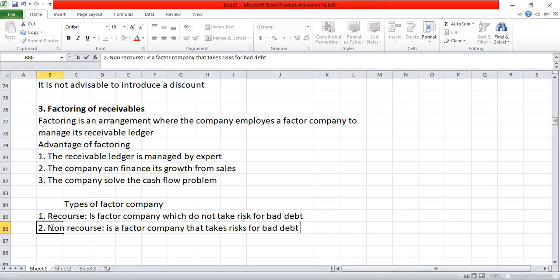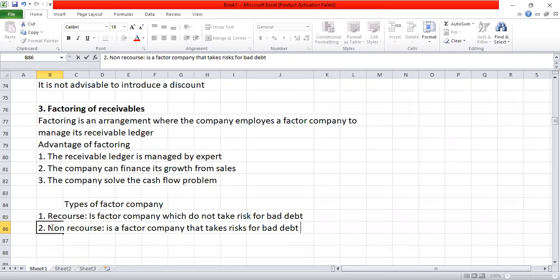A non-recourse, for them, they can take a risk. In the case of a bad debt, they are the one to suffer the loss. But recourse, in case of a bad debt, for them they don't suffer loss. That's what we call a recourse and a non-recourse.